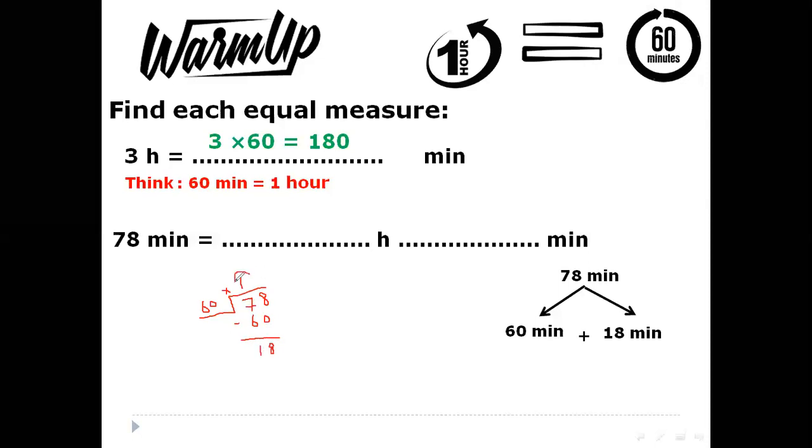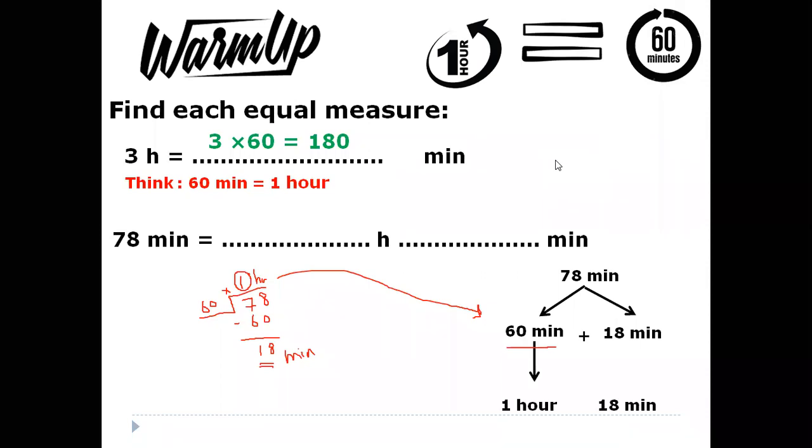So there is 1 hour, and the remainder is related to minutes. We're dividing minutes, so what's left is minutes. So that is the 60 minutes here, which is that 1 hour. So you can do it this way or the division way. So in the 78 minutes, there is 1 hour and 18 minutes left.